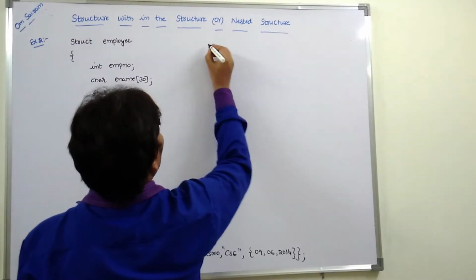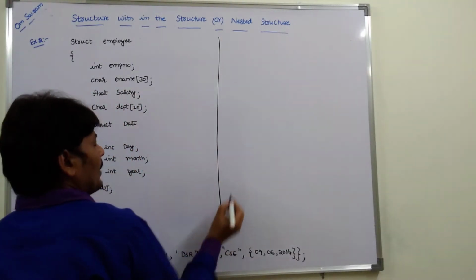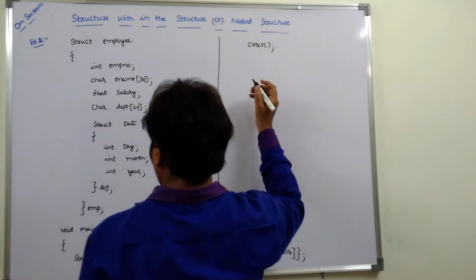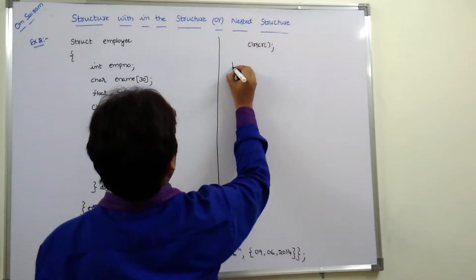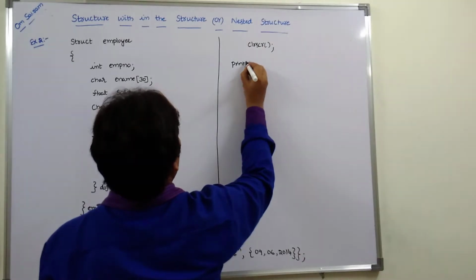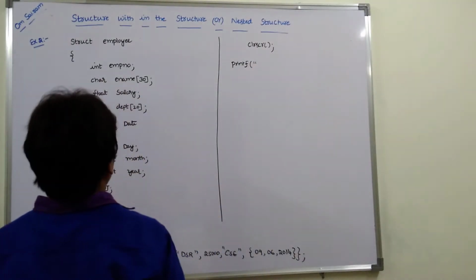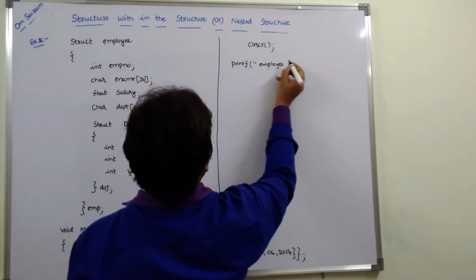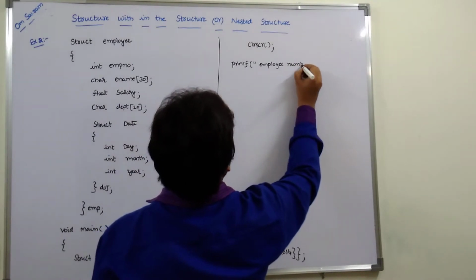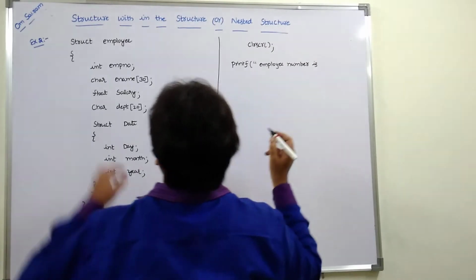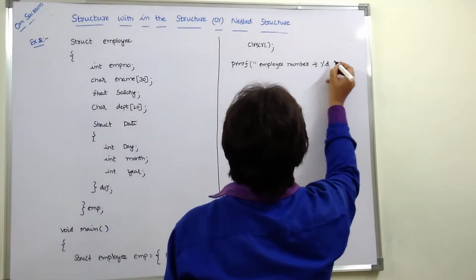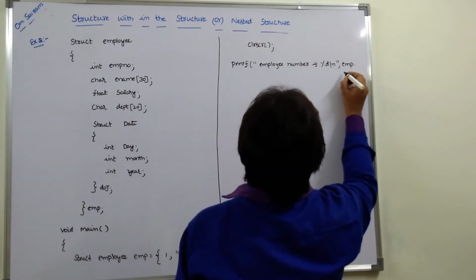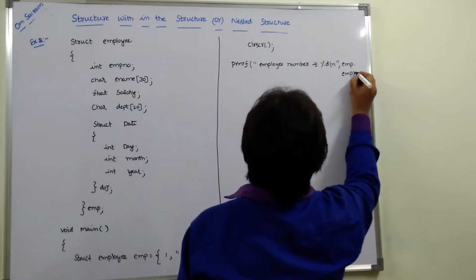Next, clrscr. printf employee number is, data type is percentage d, slash n and double quotation, emp dot emp number.